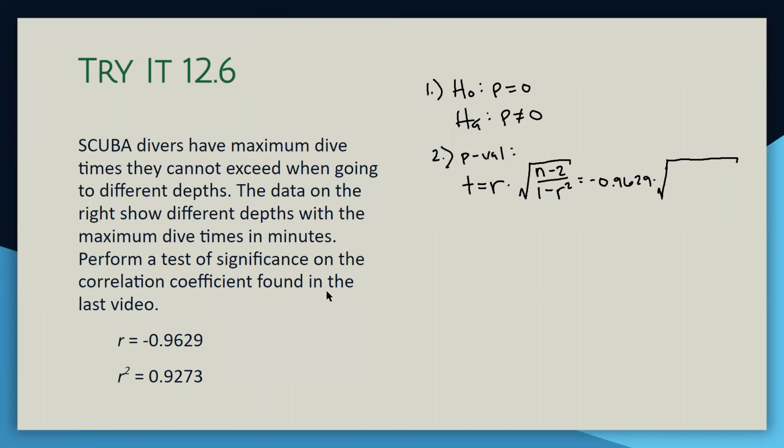There's 6 rows of data. So n is 6. We have 6 ordered pairs. So 6 minus 2 all over 1 minus, and then we have our r squared from before, 0.927. So first thing, we're going to pull up GeoGebra. We're going to plug that formula in.